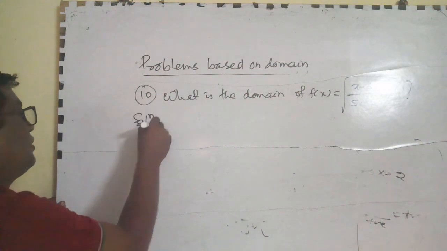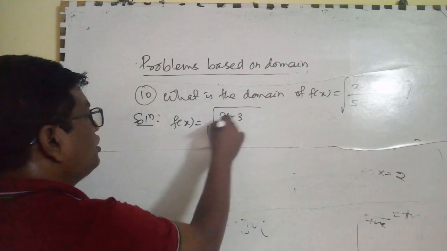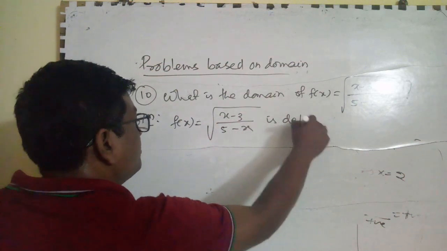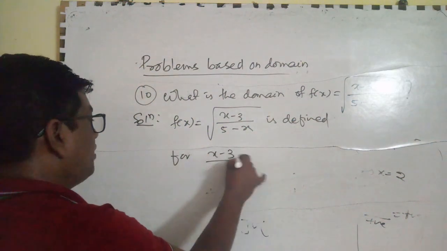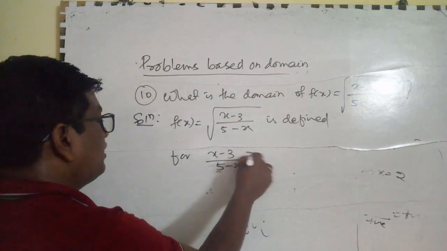Solution: f of x is equal to root over x minus 3 divided by 5 minus x is defined for x minus 3 divided by 5 minus x greater than or equal to 0.